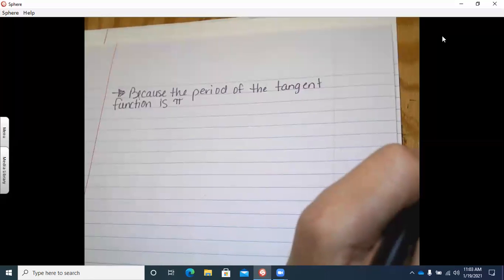All right, because the period of the tangent function is pi, the graph below shows one complete period of y equals tangent of x.